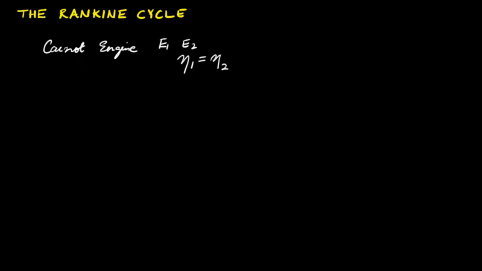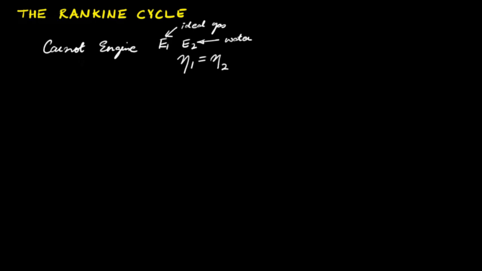So if E1 has a working substance that is an ideal gas and E2 works on water as the working substance, then both engines will have the same thermal efficiency, of course, provided both these engines absorb and reject heat at the same high and low temperatures.